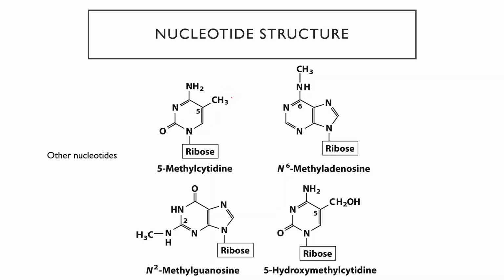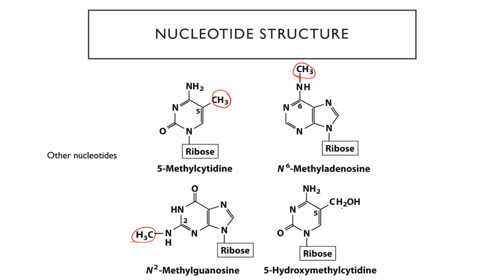So adding a methyl group creates a different nucleotide. This is methylcytidine. This is methyladenosine with the methyl group here. You have methylguanosine at this position, and then in this case, this is hydroxymethylcytidine. So there's a methanol group attached to it.